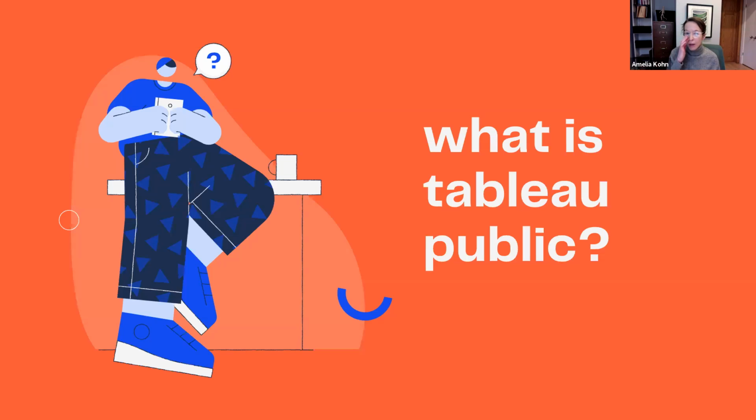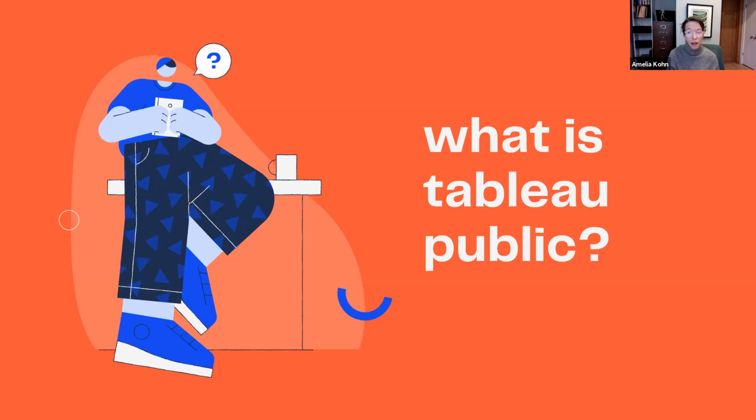And we're going to be using Tableau Public. That's the free version of Tableau. As I mentioned, Tableau has a free version and a paid version. You can subscribe to Tableau on a monthly or annual basis, but you can also use this free version, which is what we're going to use today. Tableau Public has a lot of the same features as the paid version.